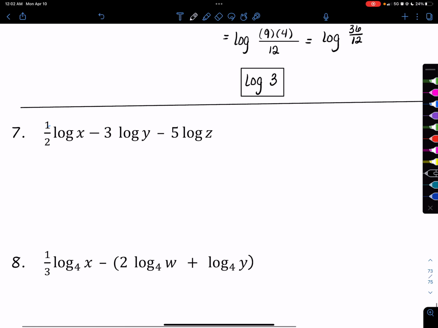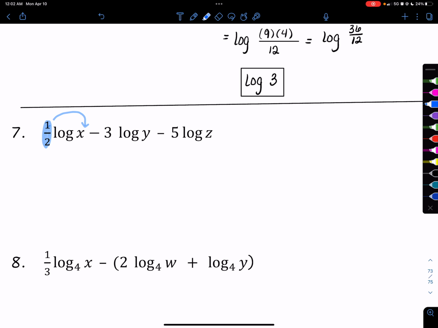All right, on problem number 7, the first thing we are looking at again is that I have a power up front that is going to go on top of the x. So it'll be x to the 1/2 power. Now, remember I said if we have a fraction value out front, that means we are going to be turning this into a radical before we're done.